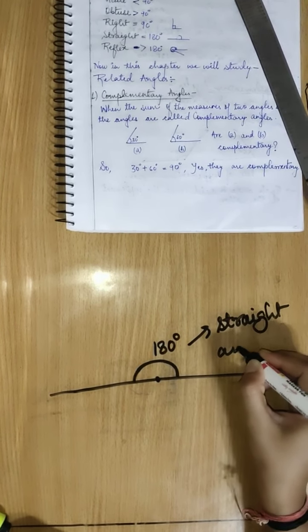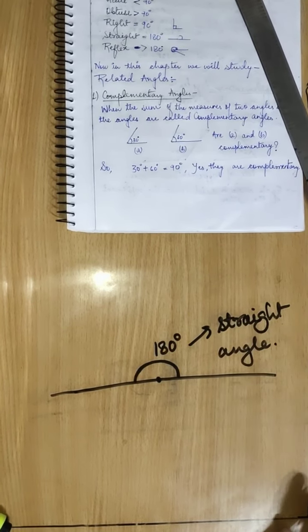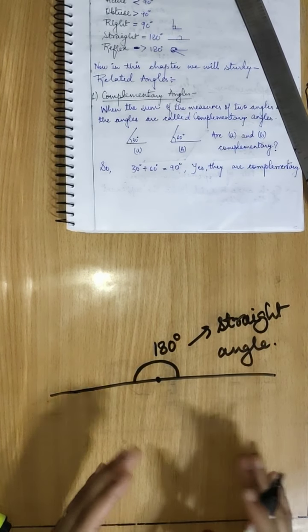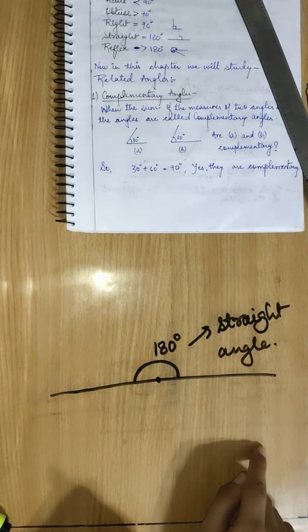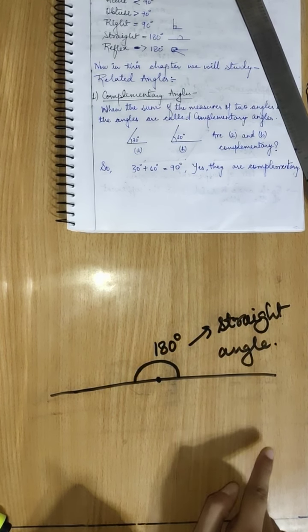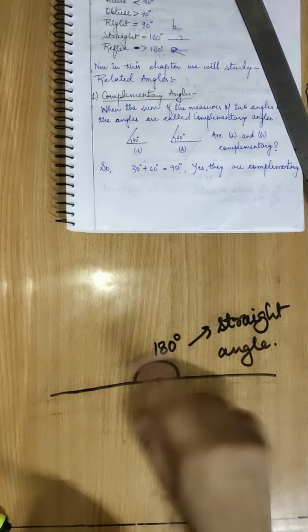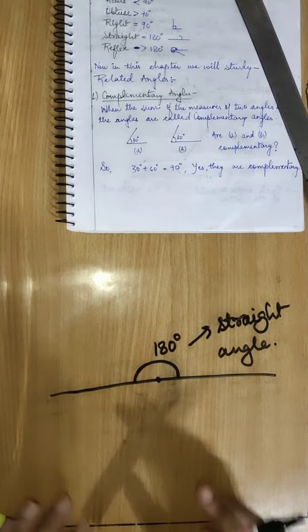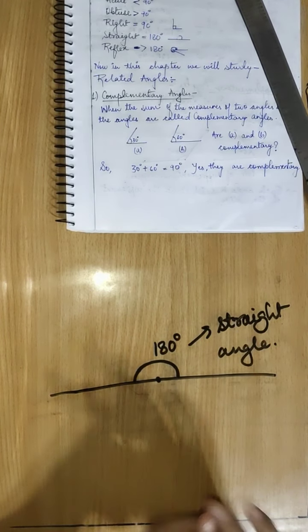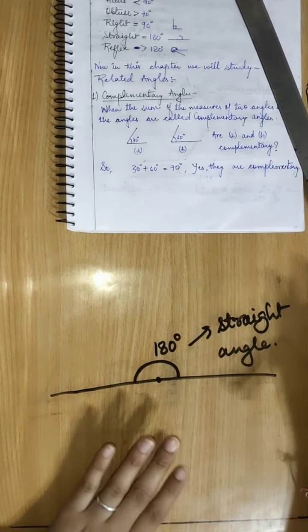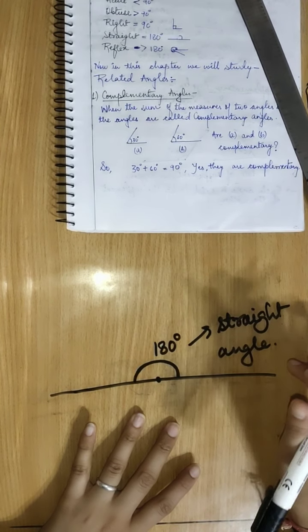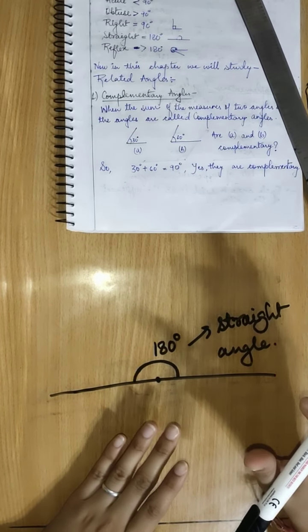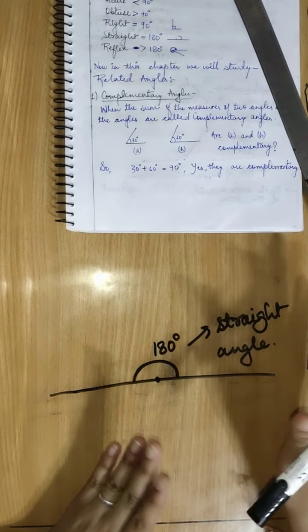We have all seen a protractor in which angles are marked 0, 10, 20, 30 like this. I'll show you one protractor also in the next class. So this is a straight angle, that is equal to 180 degrees. Right angle is equal to 90 degrees.